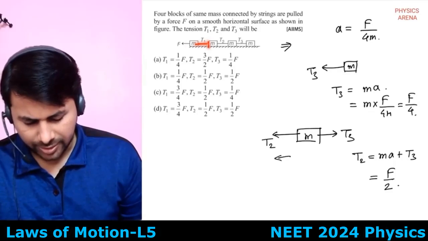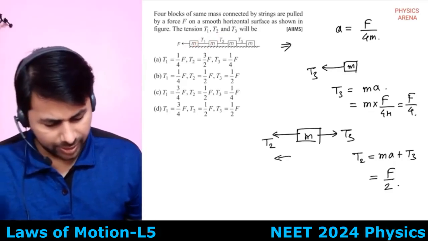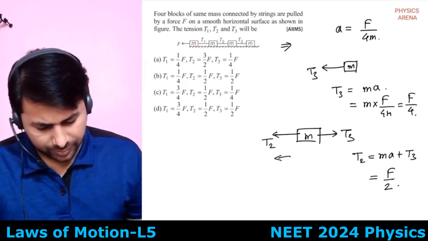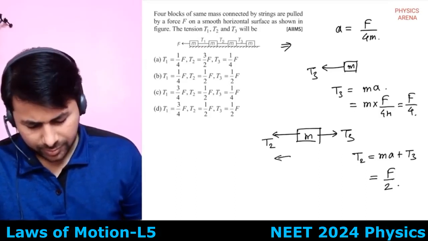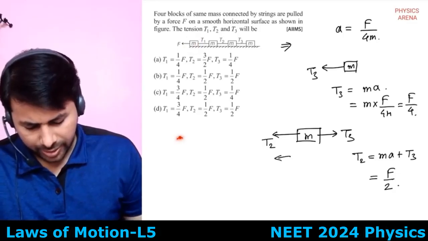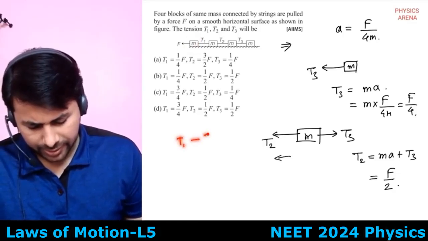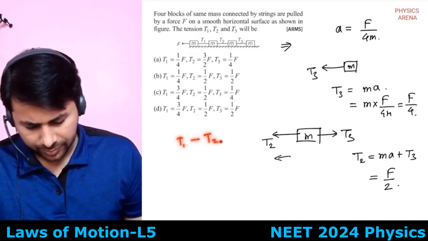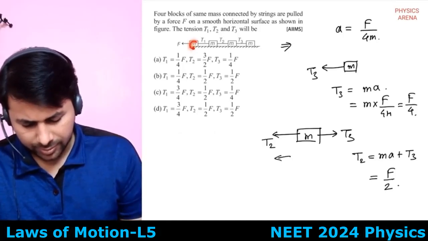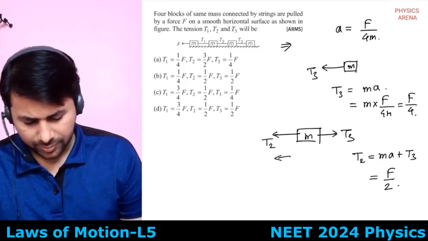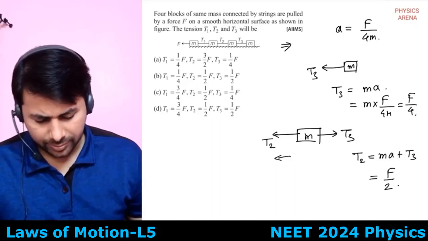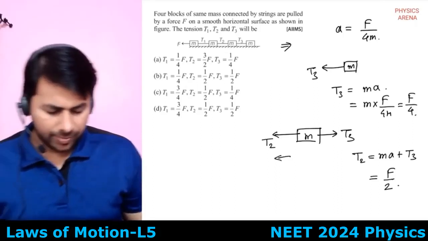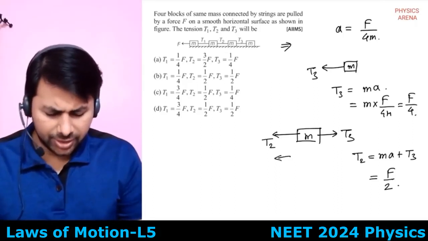But T1 will be equal to T2 plus, that will be equal to T1 minus T2. So we can find some formula. I will think about it later, but for now, let us just solve it.